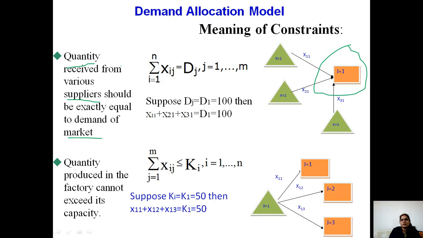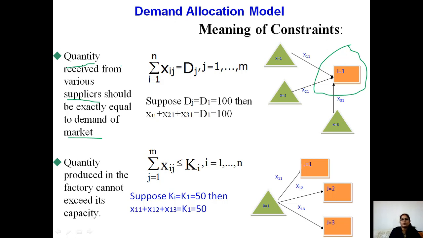X11, this arrow, represents flow of material from the first plant to the first destination. X11 stands for quantity shipped from the first plant to the first destination. X21 is from the second plant to the first destination. Similarly, the third one. Now, when we add all these, it should be equal to the demand of this market.